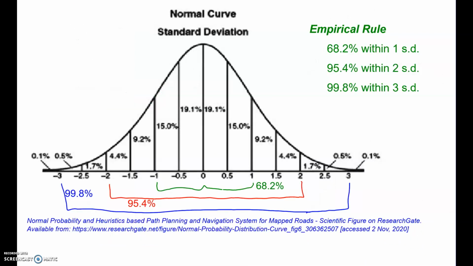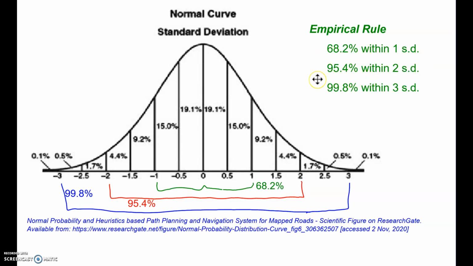Well, it turns out that when I have a normal curved distribution, a bell curve, the data follows something called the empirical rule. And it turns out that this is really fascinating. 68.2% of the data falls within 1 standard deviation of the mean.